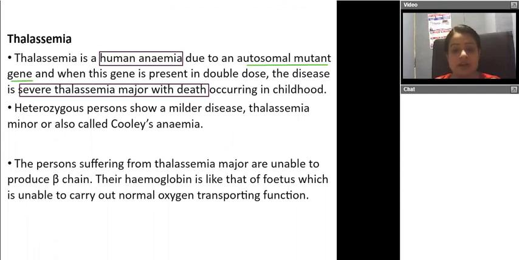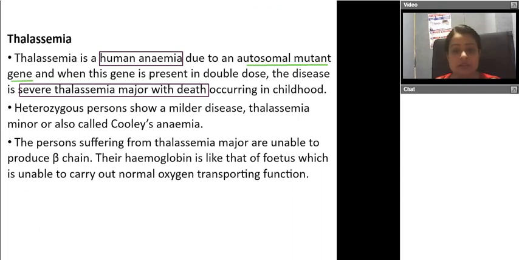Heterozygous people have a milder disease known as thalassemia minor. It is also known as Cooley's anemia. These people are unable to produce the beta chains. Their hemoglobin is like that of a fetus, which is unable to carry out the normal oxygen transporting function.